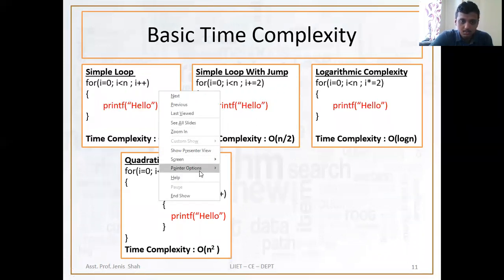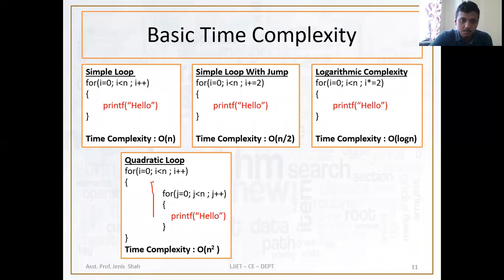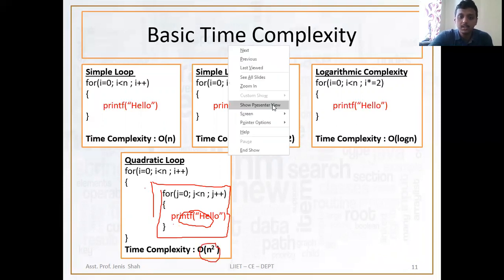Screen, pointer option, pen. Now see, this portion will be executed n times. Inside of this for loop, this statement will also be executed n times. So both n's become n square. So the time complexity of this is n square.